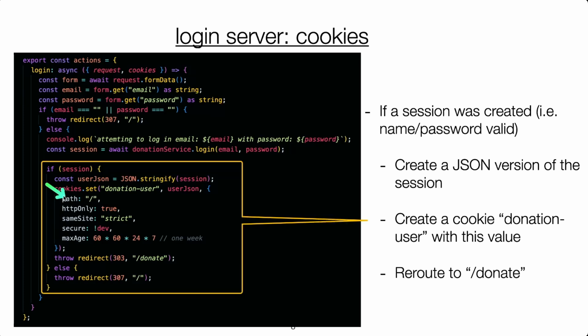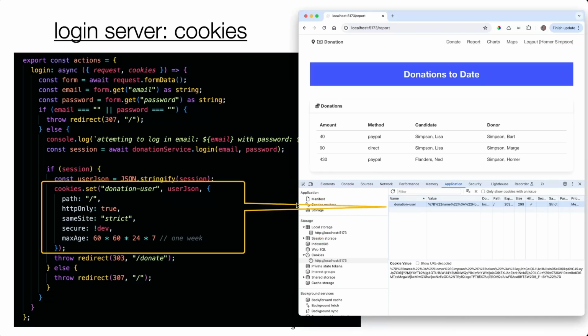And this cookie will be created for us now on the server side and planted into the browser's cookie store. We can see that if we open up the developer tools, we'll find the donation user cookie being created. This is effectively identical to the way cookies are created in the Hapi application.